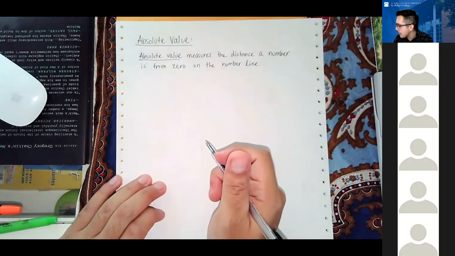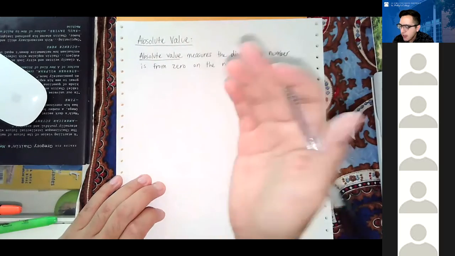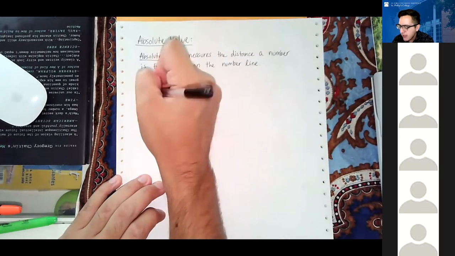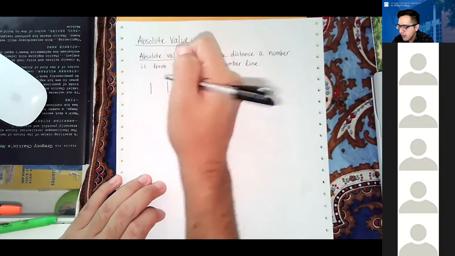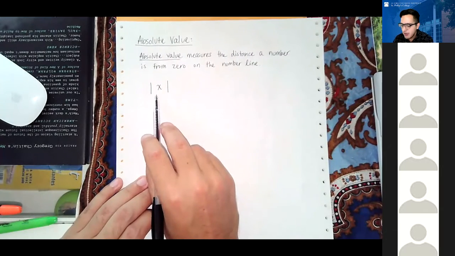So let's think about a number line. Well, let me say this first. The absolute value has a symbol when we have these vertical bars around a number, and I know that this isn't a number, I'm using a variable here.